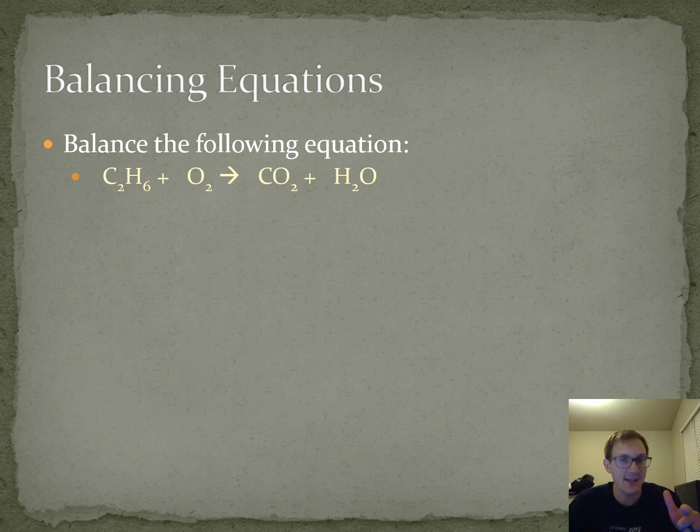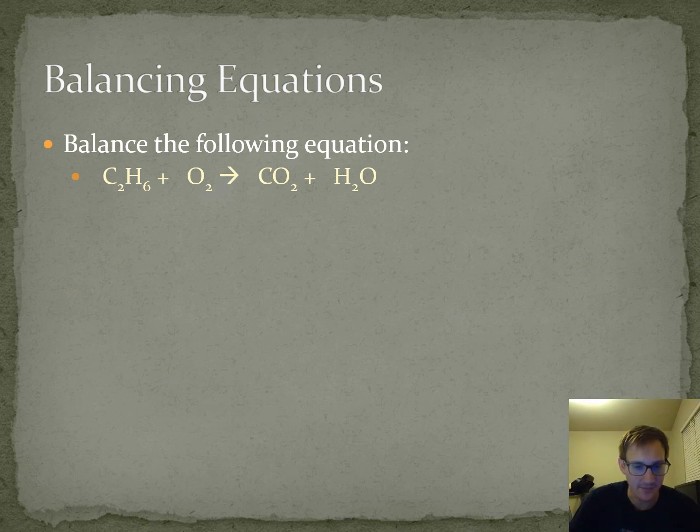C2H6 is ethane gas. Adding oxygen to burn it will create carbon dioxide and water. We'll talk more about these kinds of reactions later because combustion reactions are very, very common.